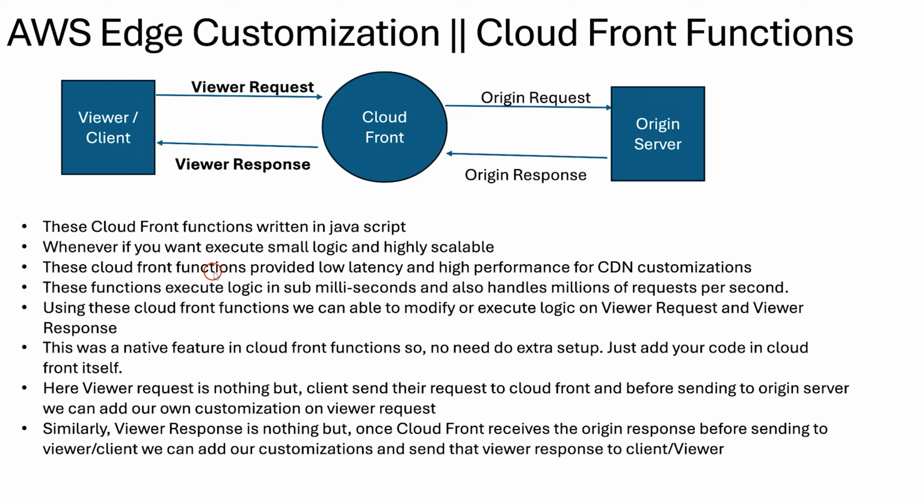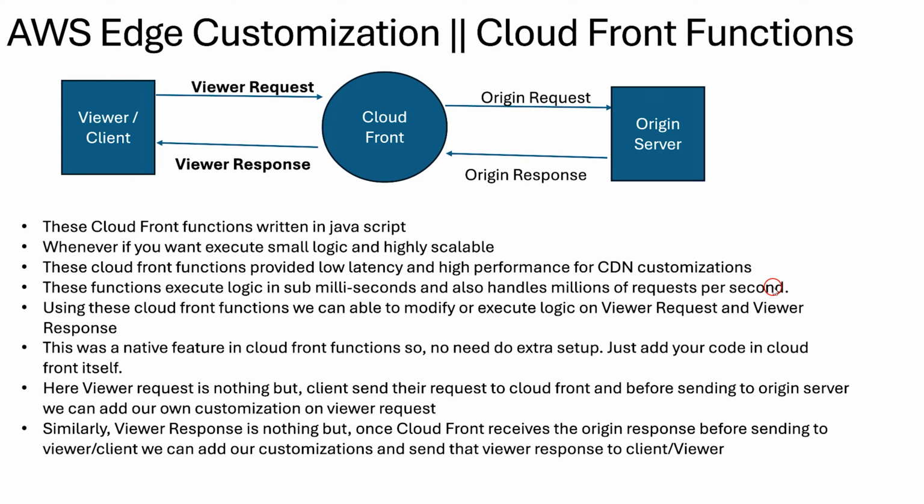So these CloudFront Functions provide low latency and high performance for CDN customizations. Since they are lightweight, with very small logic, and highly scalable, they provide low latency and high performance. These functions execute logic in sub-milliseconds and handle millions of requests per second.